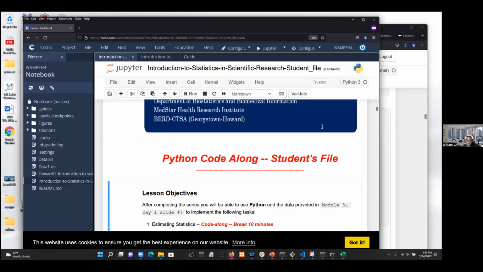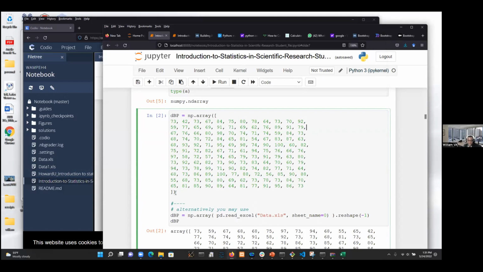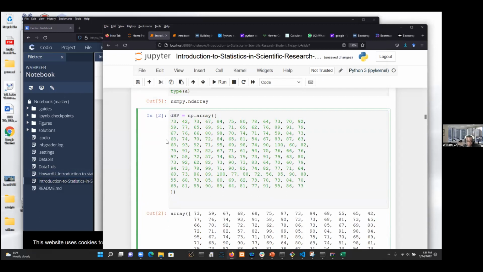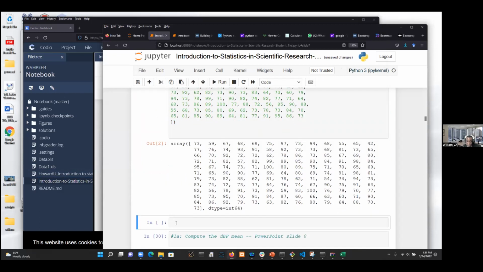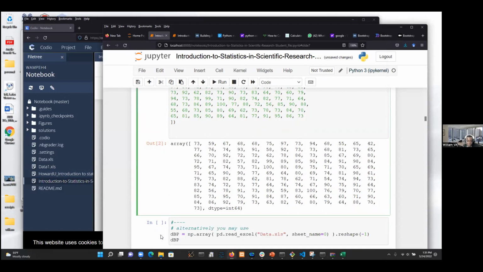So what we want to do is either read the data, or alternatively, remember, you can always insert a cell and try things out yourself. So we can do this.